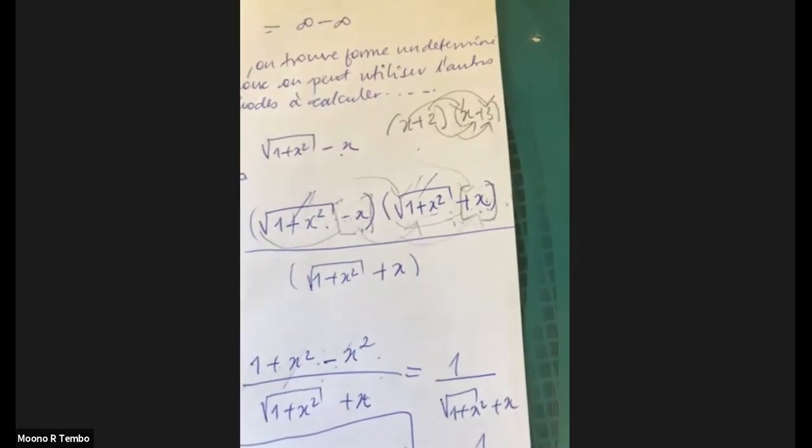Then the square root cancels with the power 2. Since it's the opposite, we'll say a difference of 2 squares, so 1 plus x squared minus x, everything to the power 2. Then we simplify them.